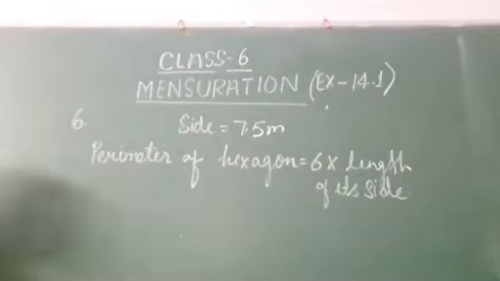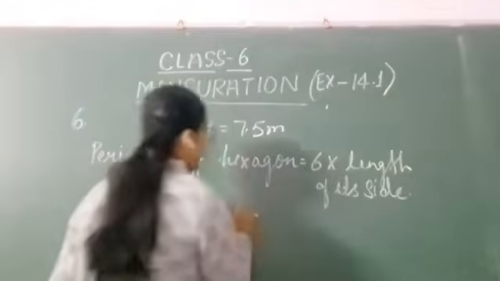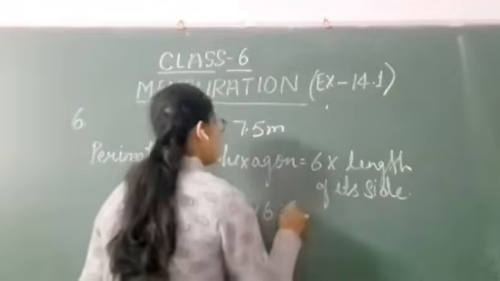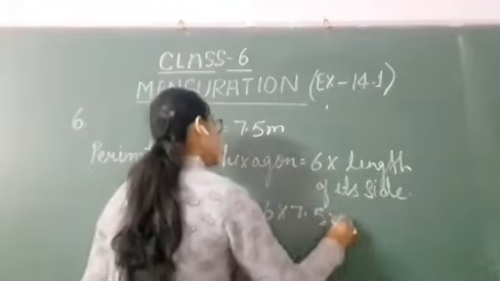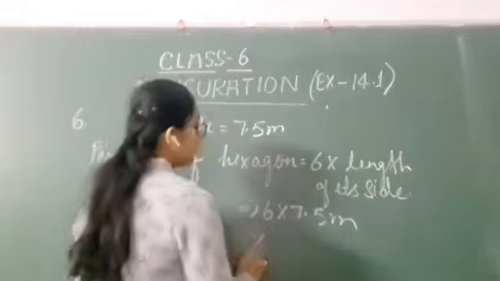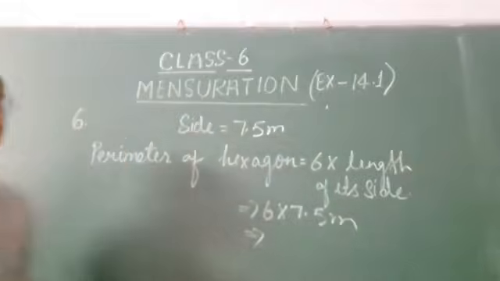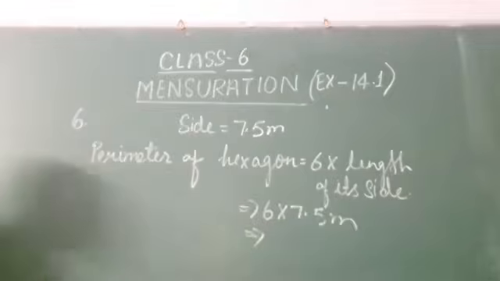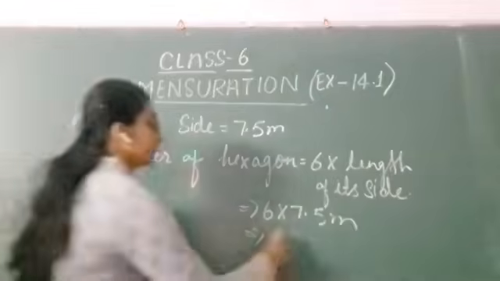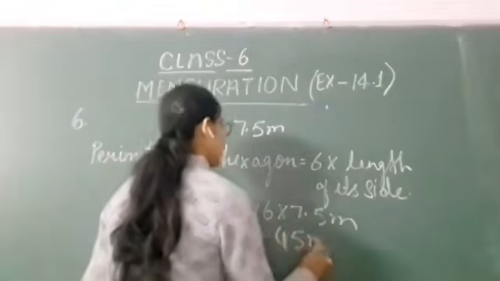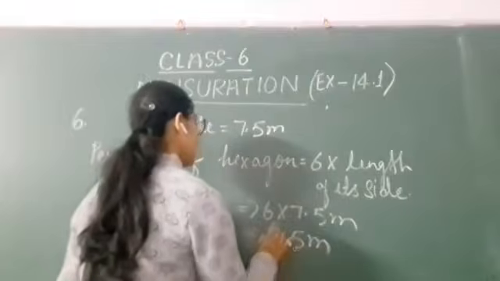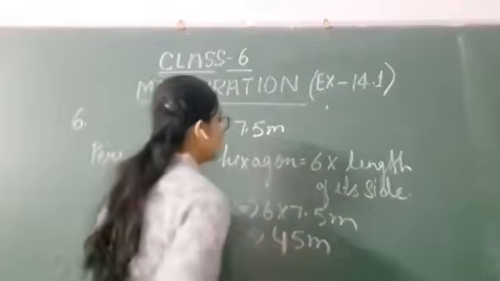Okay, so 6 into side is given 7.5 meter. After multiplication what you will get? 6 into 7.5 will be 45 meter. Write it down.